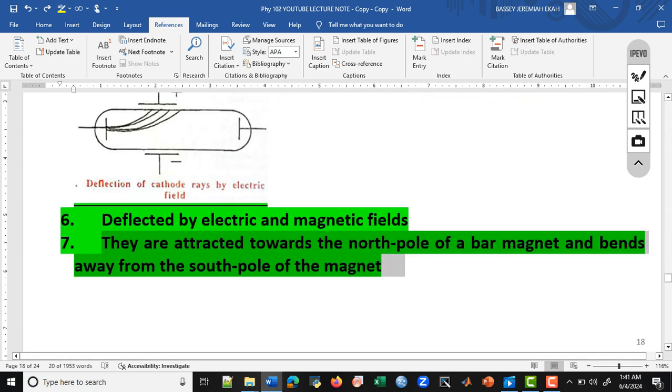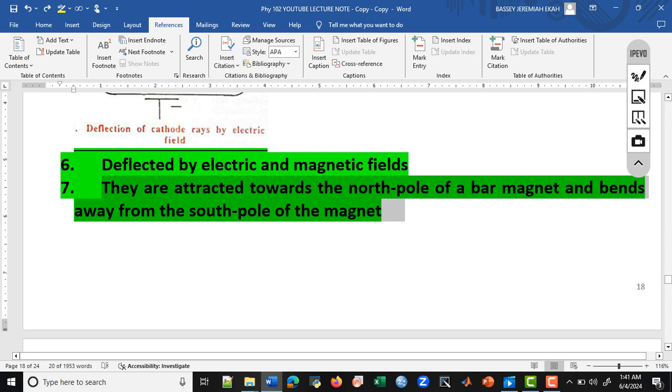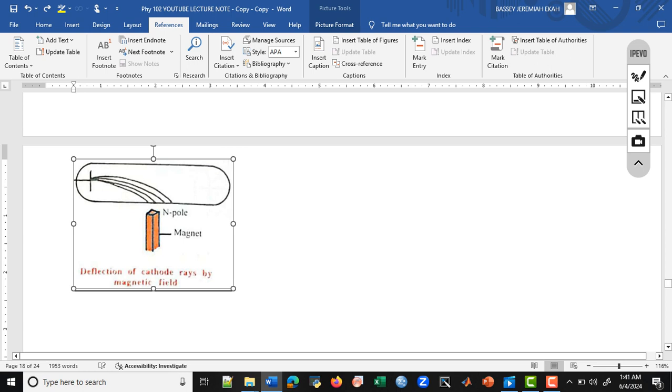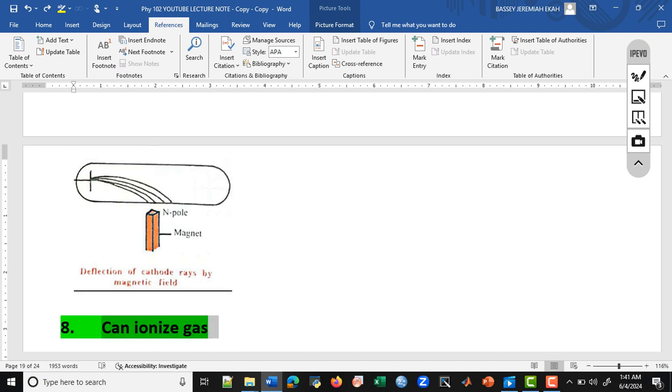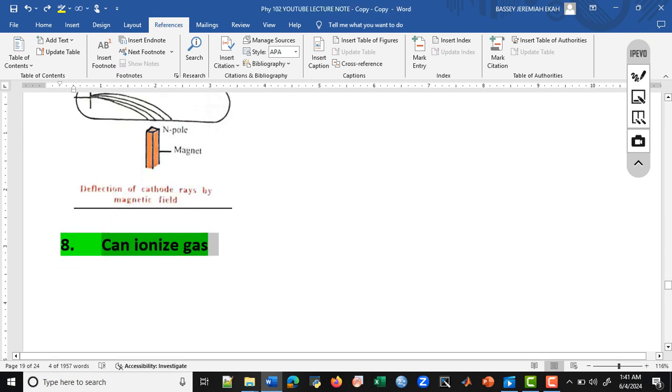They are attracted towards the north pole of a bar magnet and bend away from the south pole of the magnet. Still demonstrated on the diagram here, though we have watched that before. They can ionize gas, that is to say that they can break gas into ions.